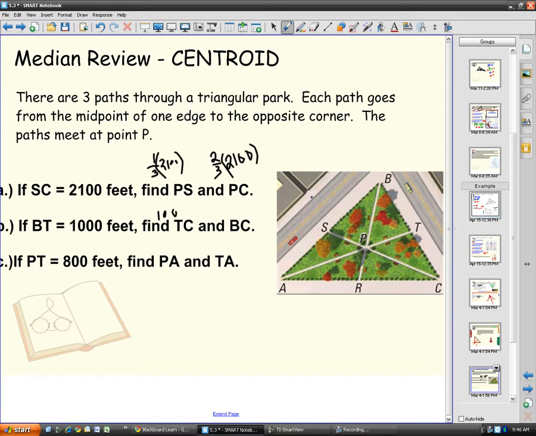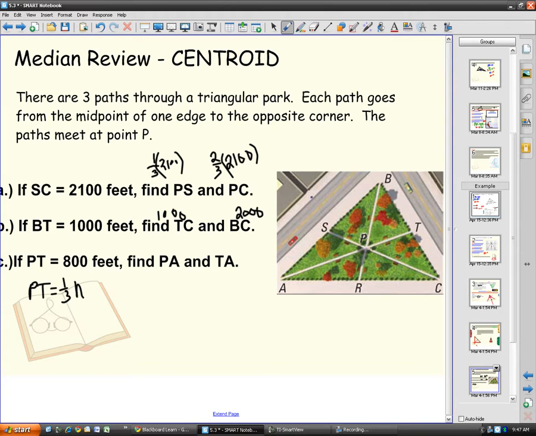And finally, if PT, this distance right here, is 800, find PA and TA. Well, we know that PT is 1/3 of TA, so PT equals 1/3 of AT, we'll say. And so if I put 800 here, 800 equals AT divided by 3.